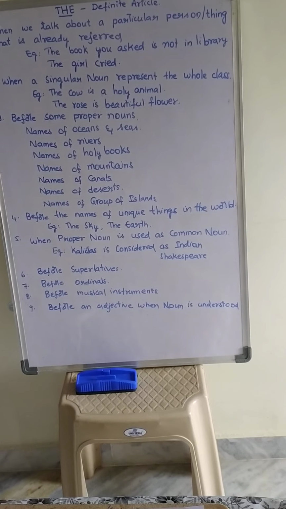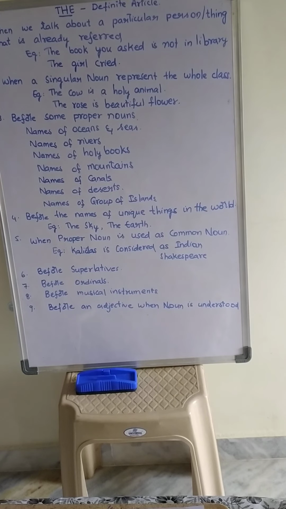And then before the musical instruments. Musical instruments are instruments which are used in order to produce music. Those are veena, guitar, tabla, flute, harmonium, piano. So before the names of the musical instruments: the veena, the guitar, the flute, the piano.